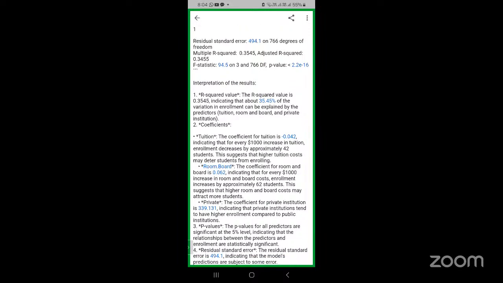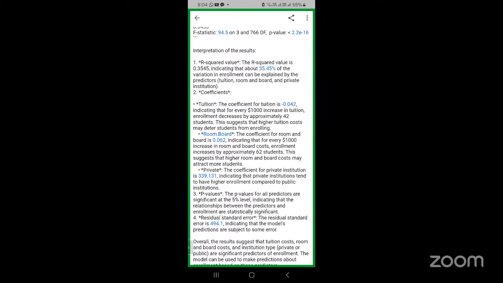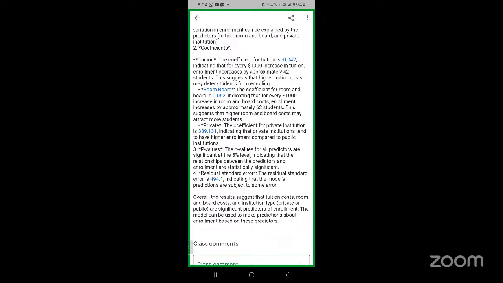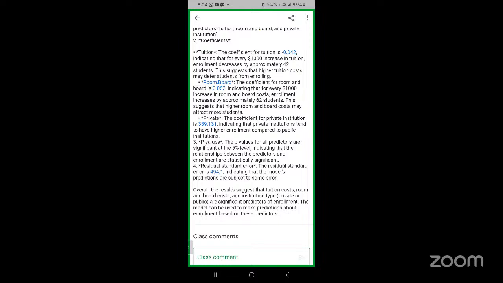Like that, you will get the room board, private, and after that p-value. P-value means it is significant or not. So whether you can generalize this data, this point is vital.